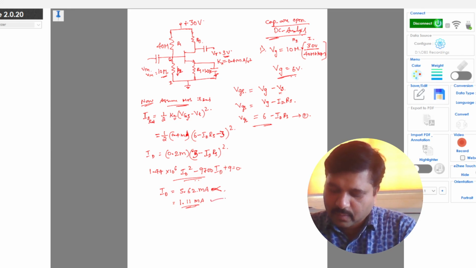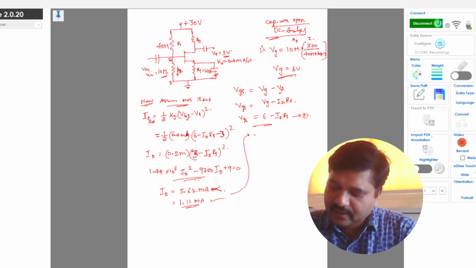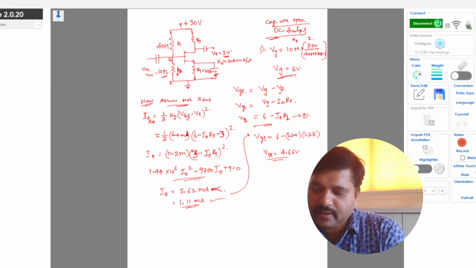If you take 1.1, your VGS will be positive and hence the device will be in saturation region. So VGS is equal to 6 minus 1.1 milli into Rs, which is 1.2 kilo, so you get VGS as 4.66 volts.